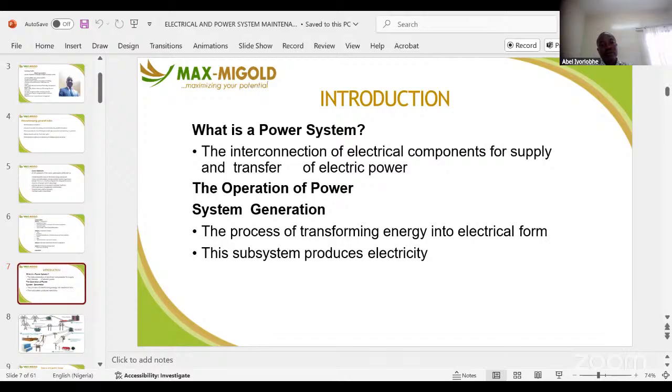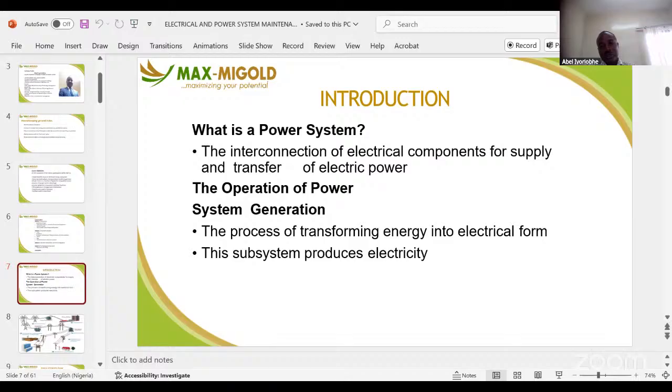So you have to generate and transfer your power. For example, your small generator at the corner of your building: the generator is there, but that is not where the electricity is needed. The electricity is needed either in the office, the MD's office, the accountant's office, or wherever they need it. So you have to generate and transfer to where your consumers are.